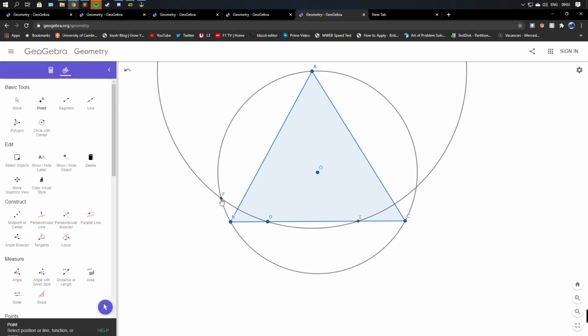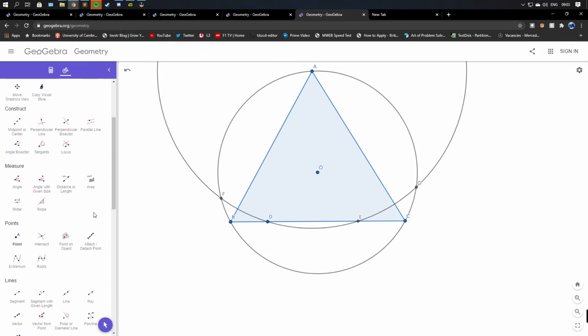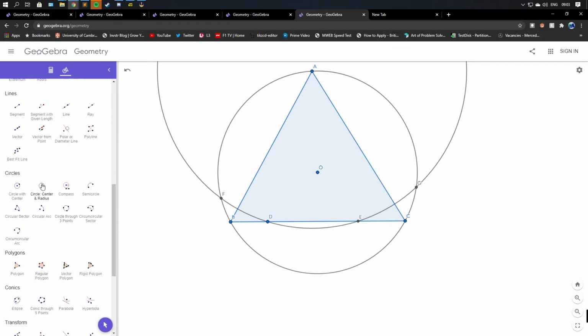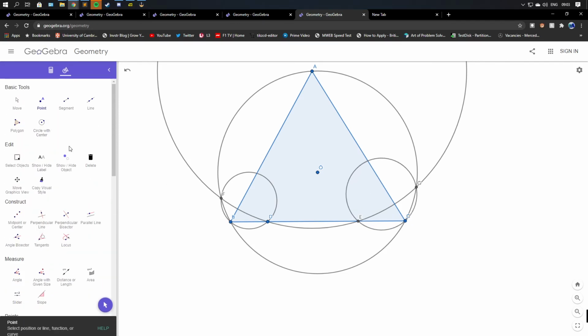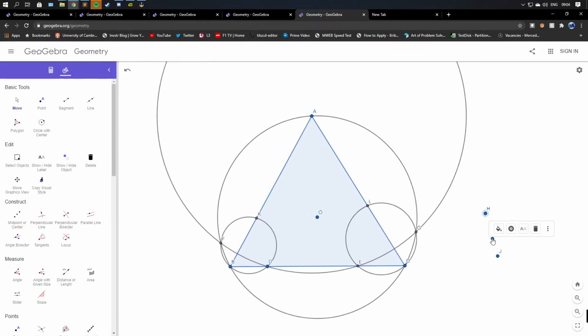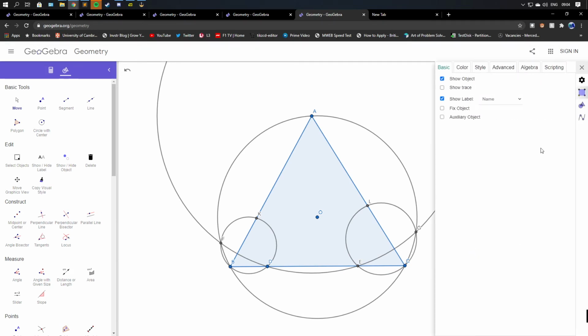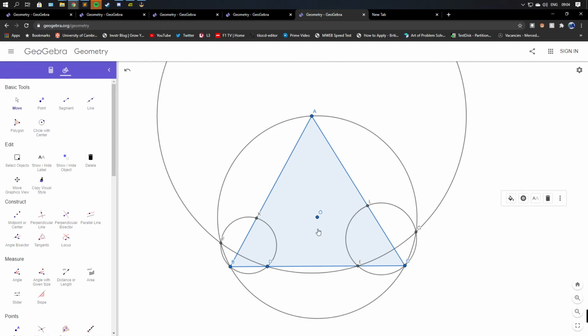Then this is point F, and this is point G. Then we will have circles through F, B, and D, and circles through G, C, and E. And then we've got points K and L over here, and G, H. So let's just give some to I, J, and then we don't have to bother about renaming these. So let's just select all of these and then go into settings and not show them.